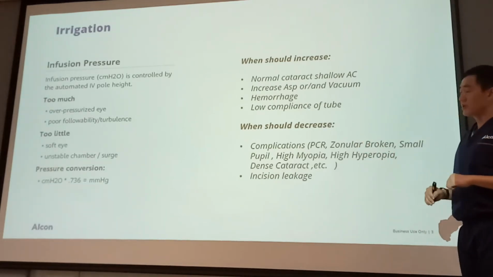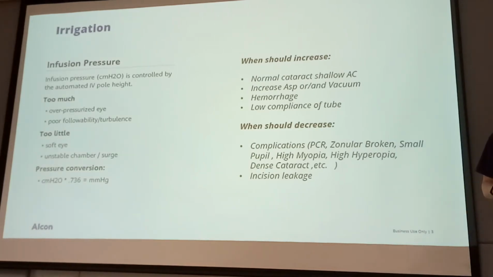Sometimes we need to decrease irrigation because we do not need that much pressure. For example, posterior capsule rupture. When the capsule ruptures, we do not keep a very high bottle height. We need to lower the bottle height, but still keep enough irrigation to prevent the vitreous from coming out, right? We still need that, but we cannot make it higher, because more depth means more pressure, and the break will be extended.